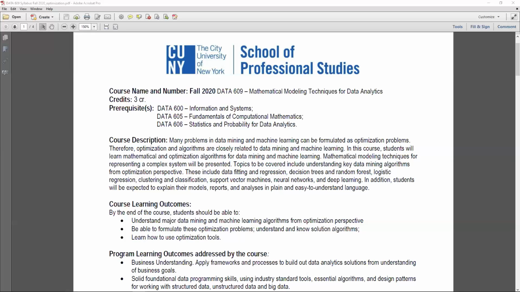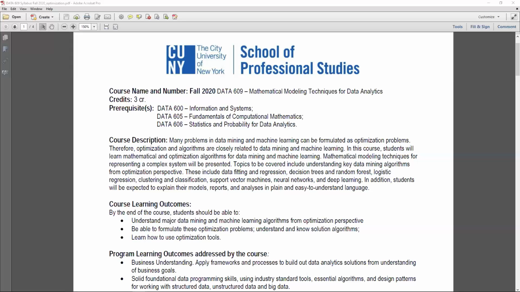I'm sure that down the road in the program, you're going to learn even more of these specific methodologies in data mining. For example, you will probably spend more time on deep learning, but at least for now, you should have a grasp on the underlying theory, the underlying formulation of deep learning. And then in other courses, you would spend more time on hands-on coding and playing with the data for deep learning as well.